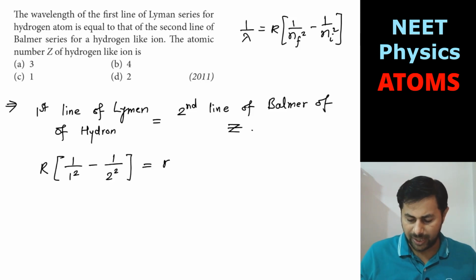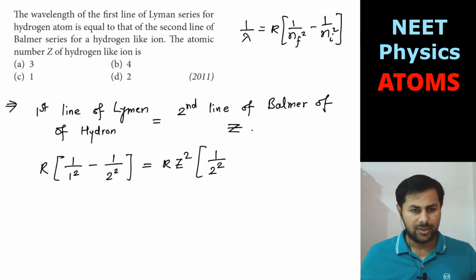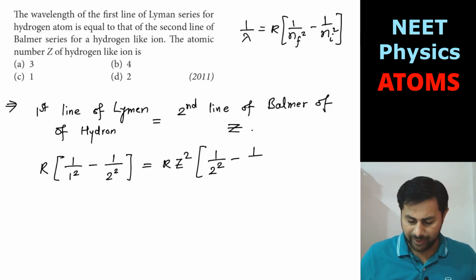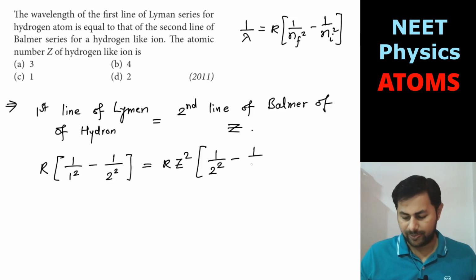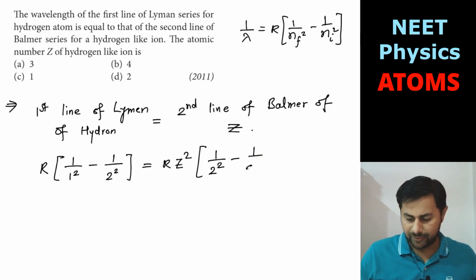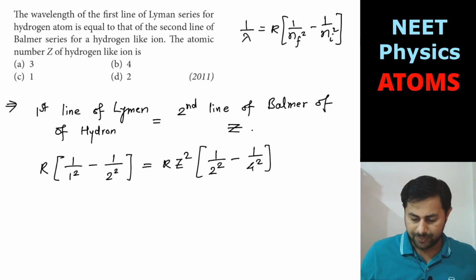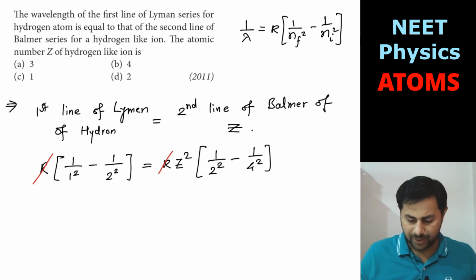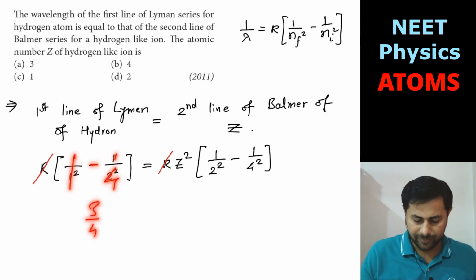So that is equal to R times Z square multiplied by 1 by 2 square minus 1 by, because this is the Balmer series, so the final orbit is the second orbit, and we want the second line. If it was the first line, then it would be 3 square. Because it's the second line, we have 4 square, right? So R gets cancelled out. This is very simple. This is 1 minus 1 by 4, so that's 3 by 4.